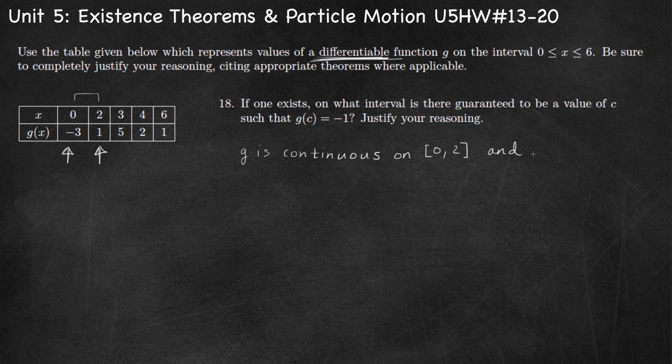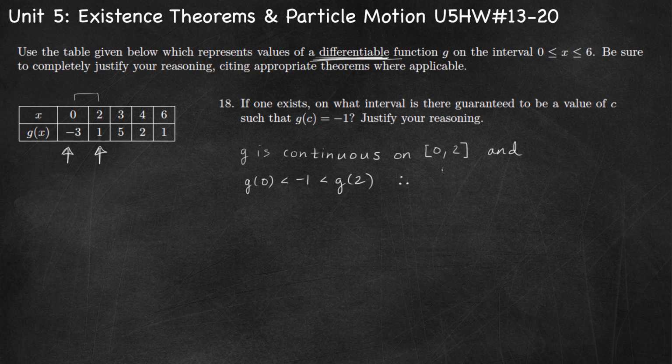Okay, and so the second part of our intermediate value theorem: the solution that we're interested in has to be in between the y-coordinates of our endpoints. So we have g of 0 is less than negative 1, which is less than g of 2.